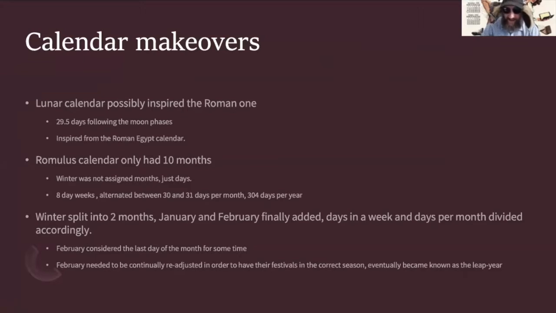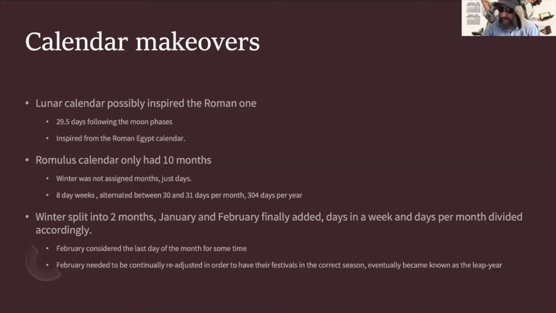So, calendar makeovers. The lunar calendar was possibly inspired by the Roman one. There's 29.5 days of the moon phase.